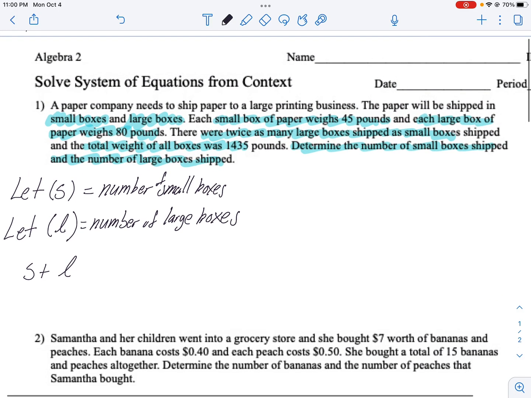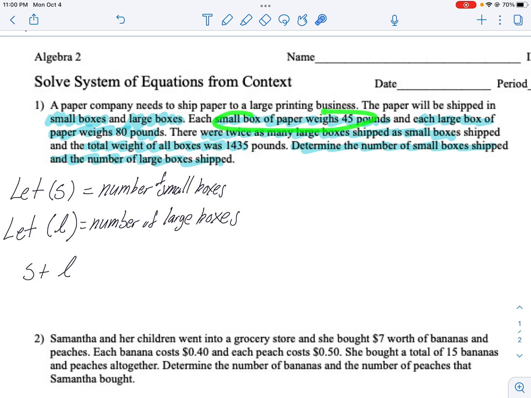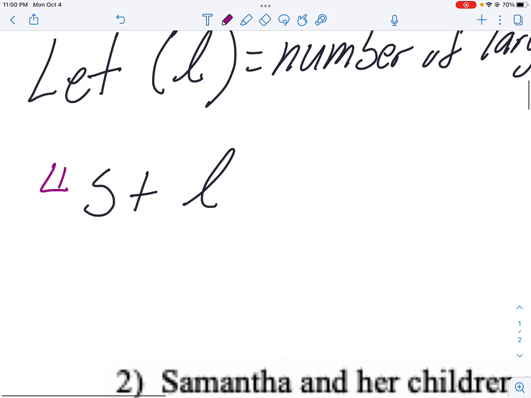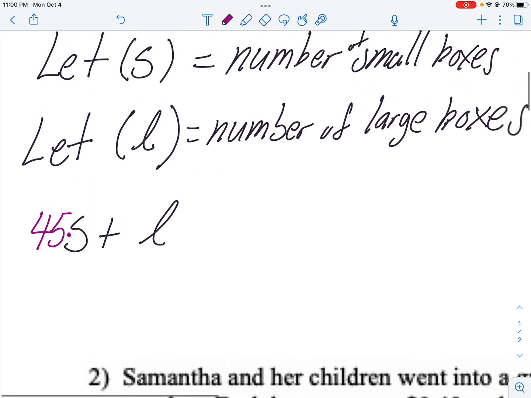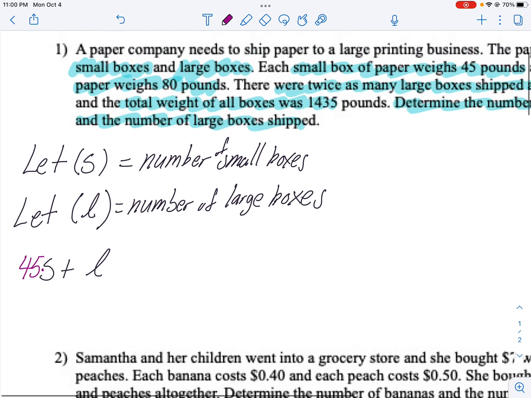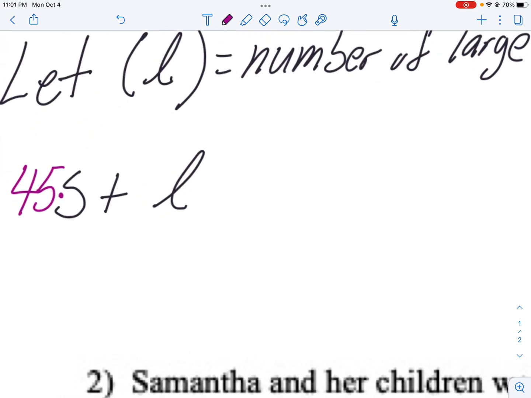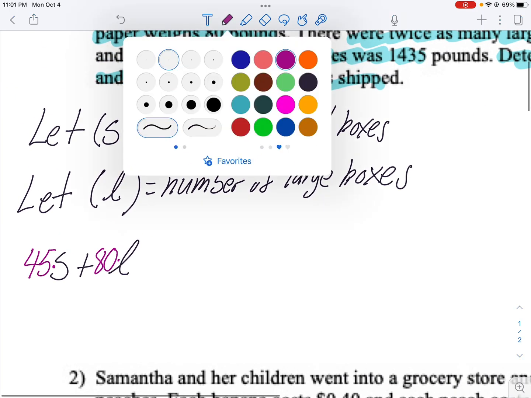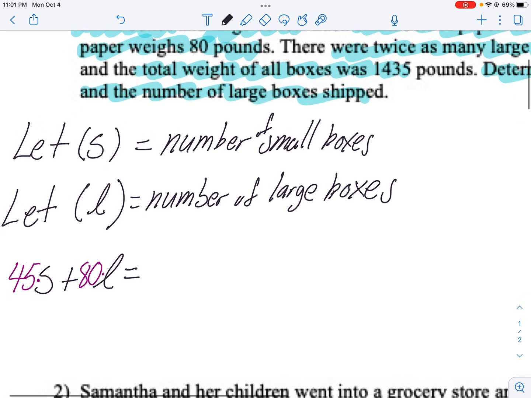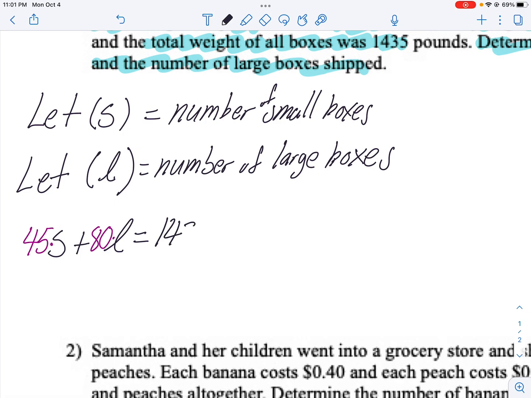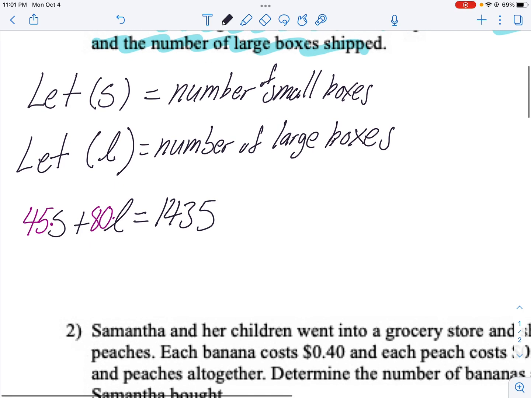We highlighted that a small box is 45 pounds, so I'm going to put here 45S, or 45 times S. And each large box is 80 pounds, so this is 80 times L. And they equal 1,435 pounds. So there's my first equation.